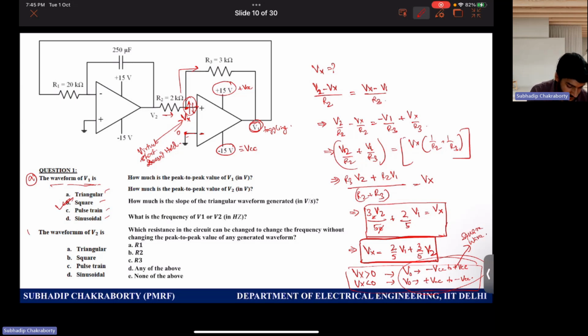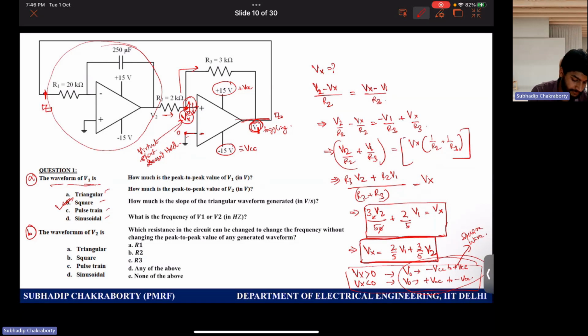Now coming to the next part, the waveform of V2 is being asked. If we know the waveform of V1, sorry, the output voltage, then this waveform is square. So this waveform is also square, which is coming as input to this stage. And what is this stage? Can anyone comment about this stage?